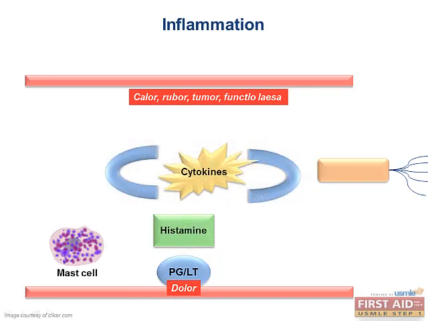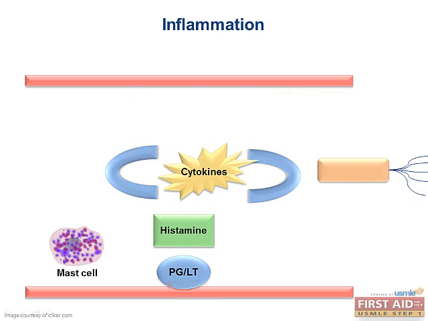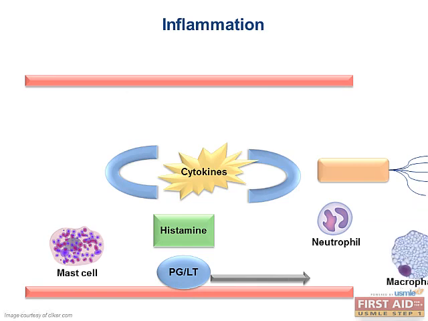So, we have prostaglandins, leukotrienes that are going to actually call in some inflammatory cells. What types of cells do you think will be beckoned to the site of inflammation? Well, how about our friends the neutrophils, and a little bit later on, macrophages. Specifically, do you know what calls in, is chemotactic to neutrophils and macrophages?